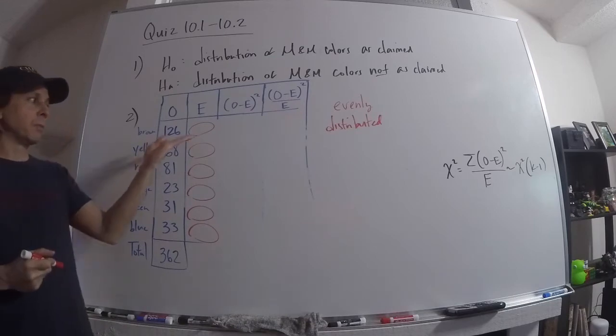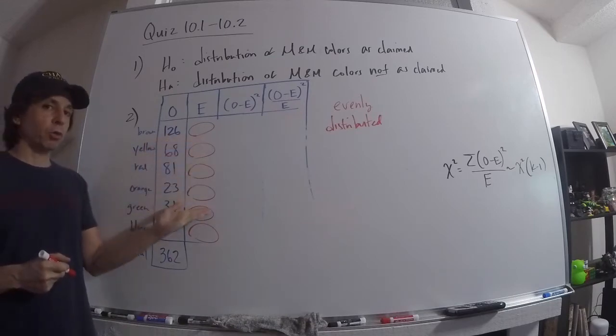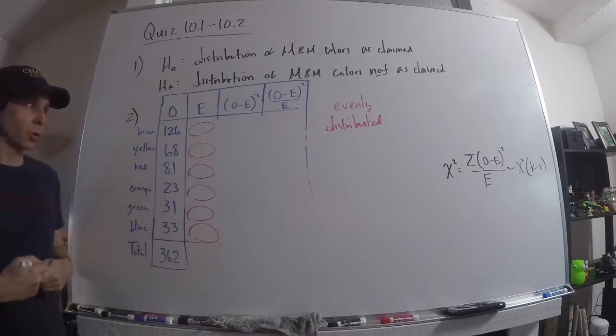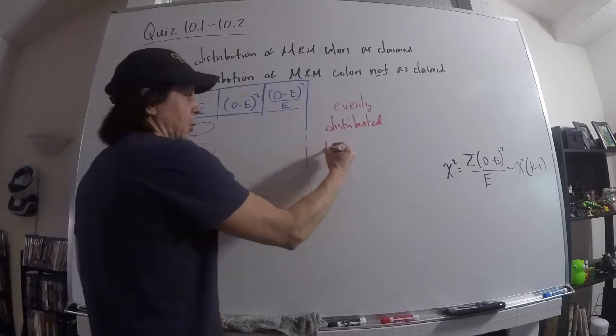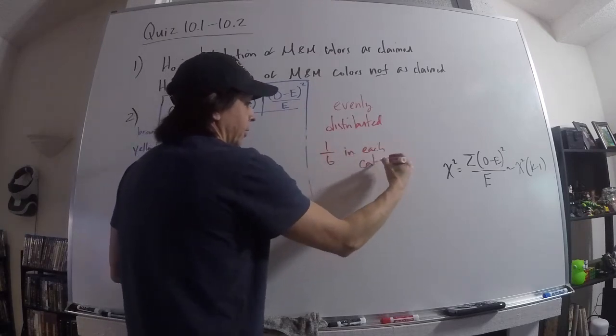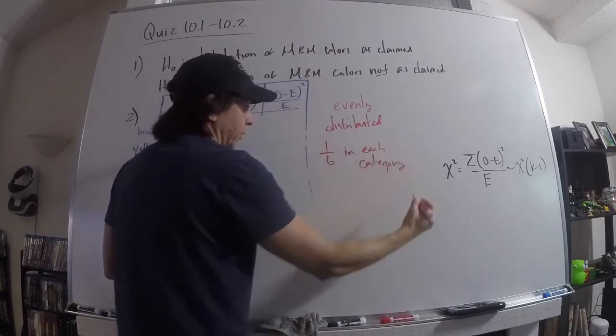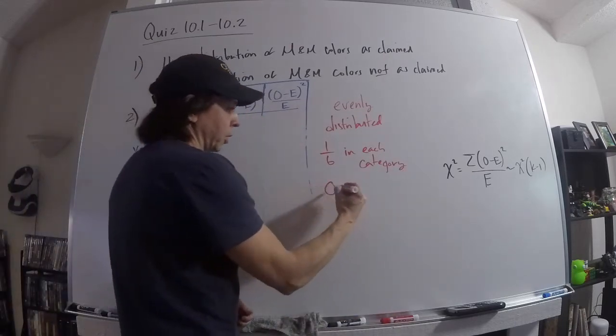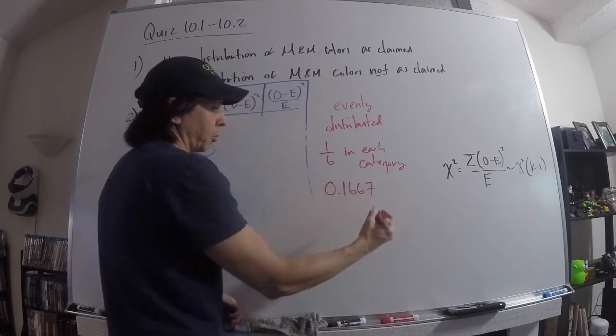Evenly distributed would mean that you have the exact same proportions of every single one. You wouldn't know what that proportion is unless you work it out. So if it's evenly distributed, then it should be 1/6 in each category, because there are 6 categories. You can calculate what 1/6 is. It's 0.1667 if you do it to 4 places.